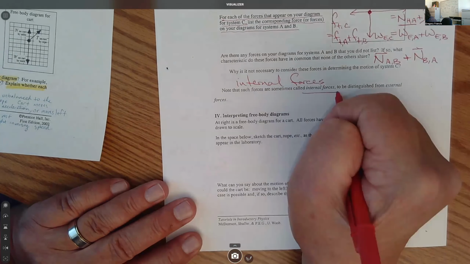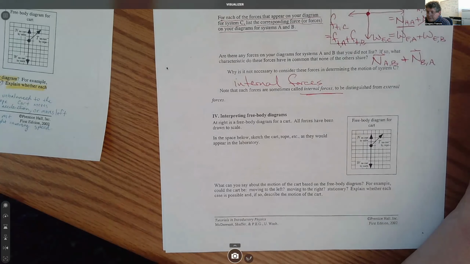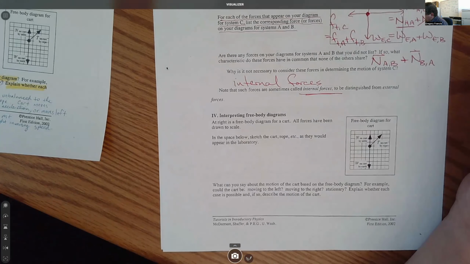We call them internal forces. If we draw a free body diagram of Greg, we don't include on that diagram a force by the liver on the spleen or the force by the spleen on the liver. It's only forces exerted by things outside of Greg, like the floor or the earth, that affect the motion of Greg.